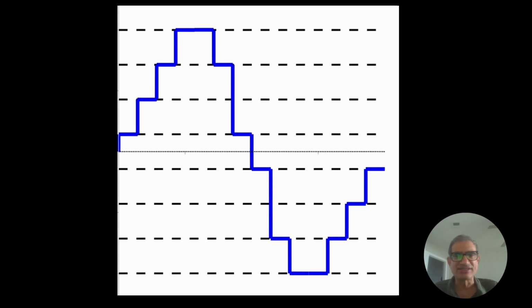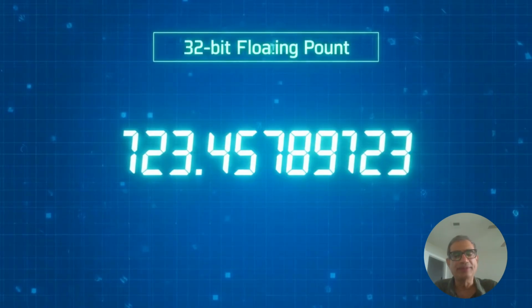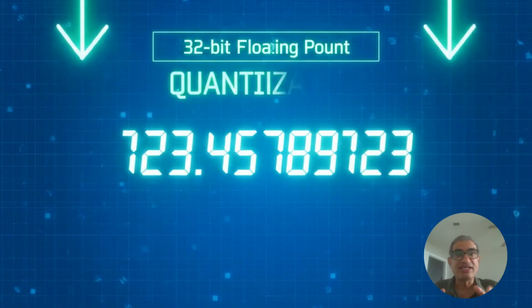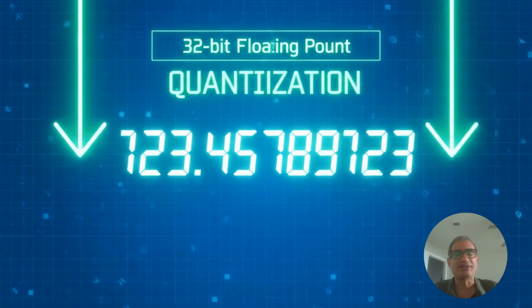This is a digital signal processing concept, but the same idea can also be applied in an LLM. As we already saw, these weights are essentially floating point numbers. And it turns out that in most modern LLMs, because of the high degree of precision, these weights are stored as 32-bit.